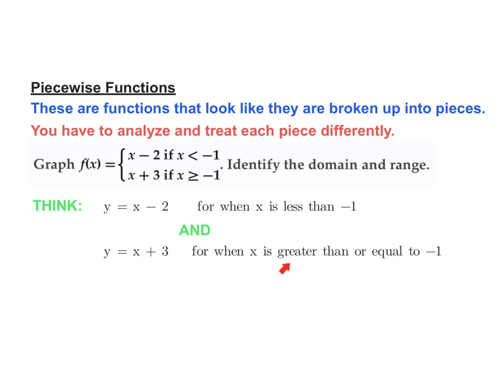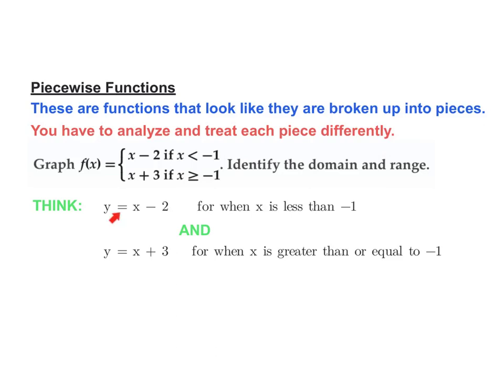Also, when x is greater than or equal to negative 1, you use a different rule. And you're going to look at some piecewise functions that will have more than two rules. We'll have 3 rules sometimes, 4 rules sometimes, more. Not for this course, but most of the time it'll be 2 or 3 rules. And you just have to know when to apply which rule to what numbers.